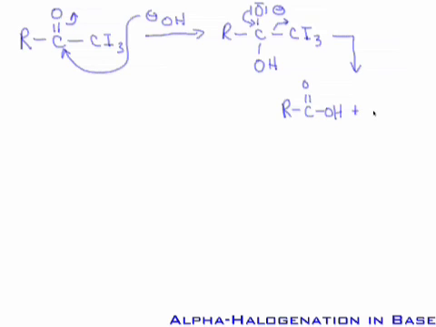Plus, you get CI3 minus. Now this goes on: CI3 minus will deprotonate the carboxylic acid, giving you carboxylate and CHI3.